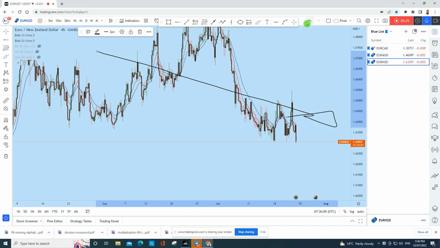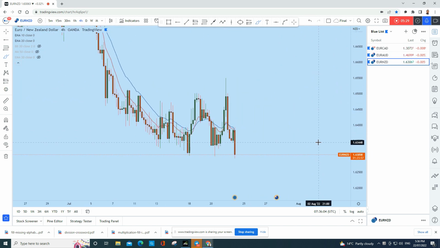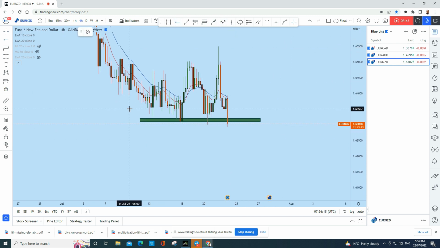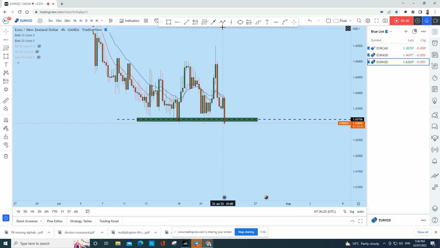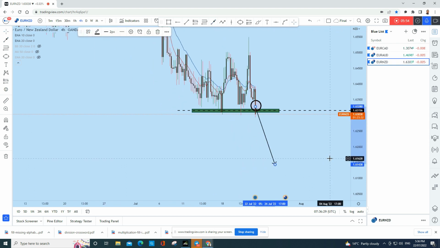So trend and structure are supporting bearish price action, but it looks like Euro CAD and Euro AUD are significantly more bearish than Euro NZD. But at the end of the candle close, if we find that the price is showing strong bearish movement from this zone along this area, and if it shows us significant signals according to the rules of our strategies, then we will consider going short on Euro NZD, any one of these, with a high risk to reward ratio with our students.